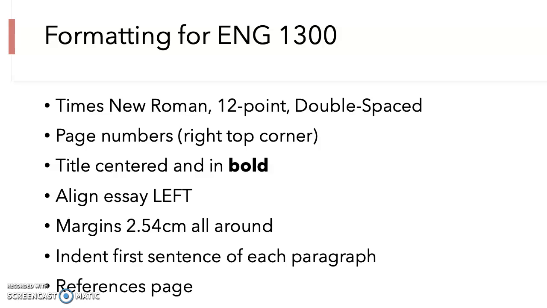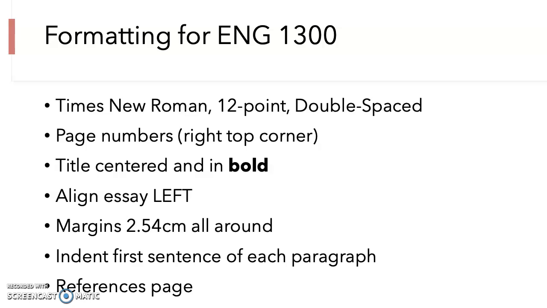So let's look at some of the formatting that we need to follow for this course, English 1300. Everything that you write should be Times New Roman, 12-point font, double-spaced. For the essays, you have page numbers in the right top corner. Your title is after the header and it's centered and in bold.